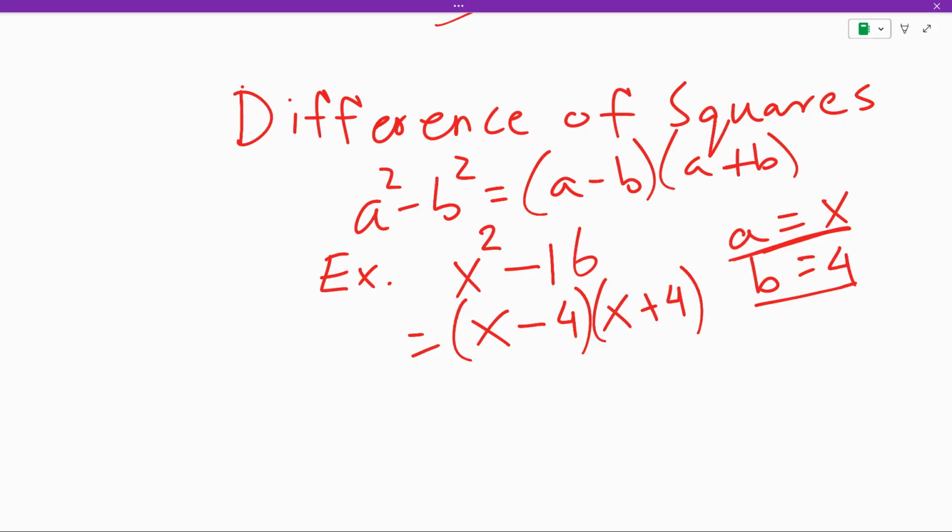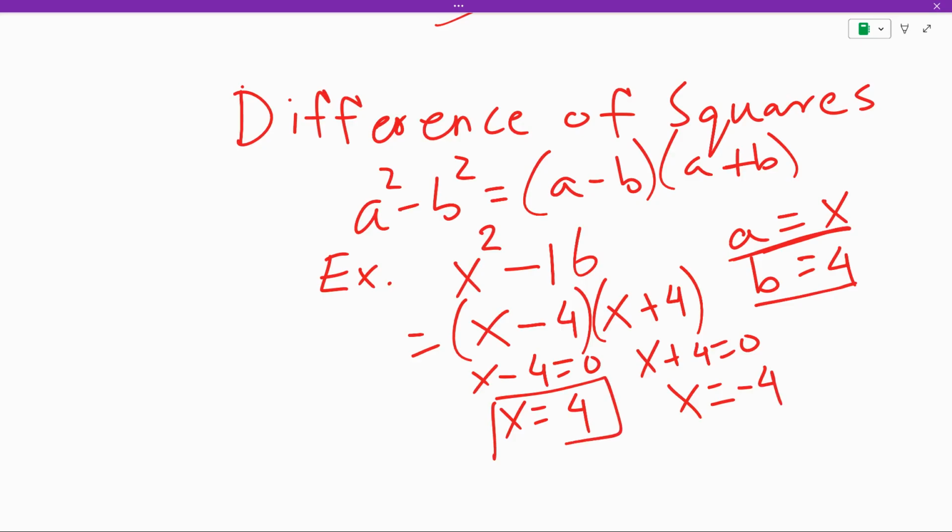So then if we want to find our final answer, we set x minus 4 equal to 0, x plus 4 equal to 0. So x is going to become plus 4 here, and x will be equal to -4 for this solution. So your two solutions for this scenario are x equals 4 and x equals -4.